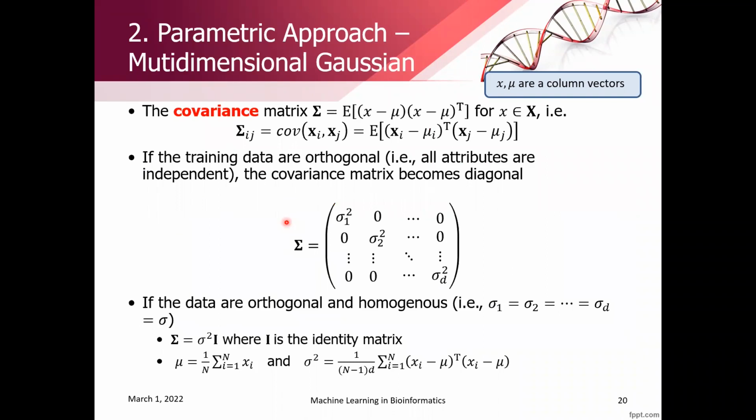But sometimes the situation is a little simpler. In case that we have data where there are no dependencies between dimensions, between attributes, then the covariance matrix is much simpler because it has zeros everywhere beside the main diagonal. And on the main diagonal, we actually have the squares of the standard deviations for each dimension.